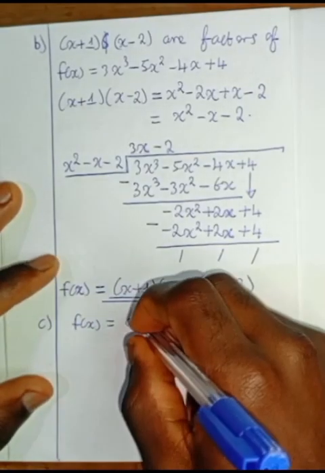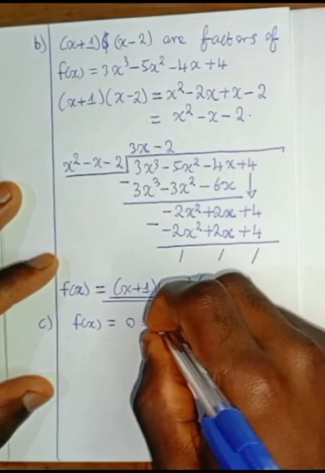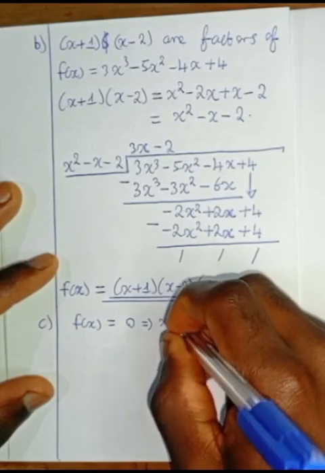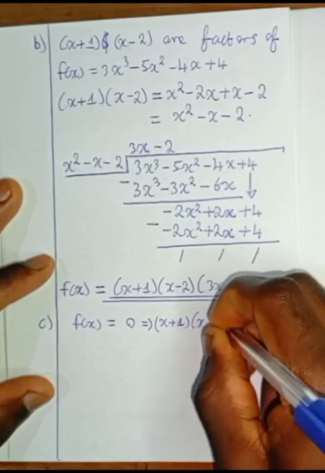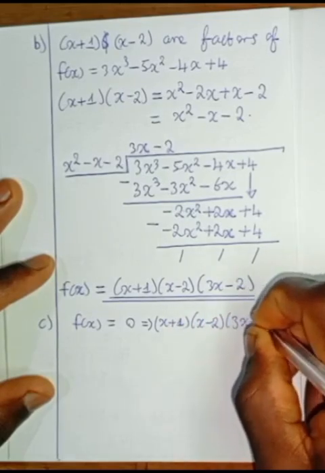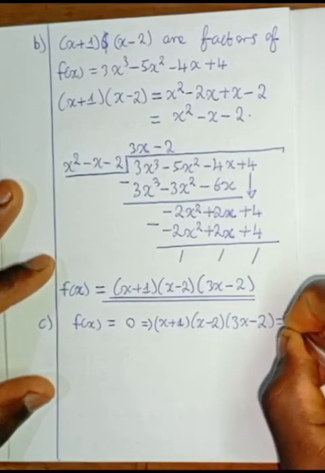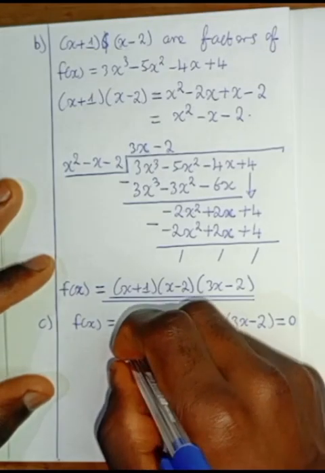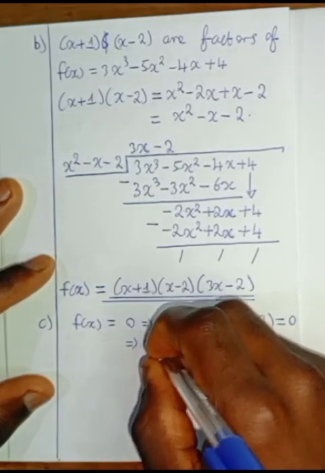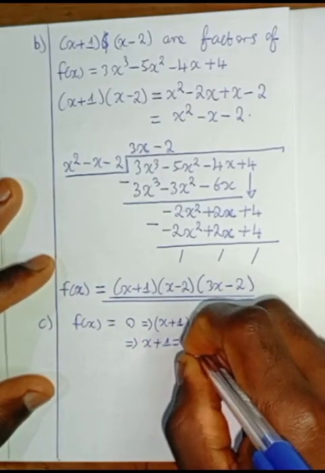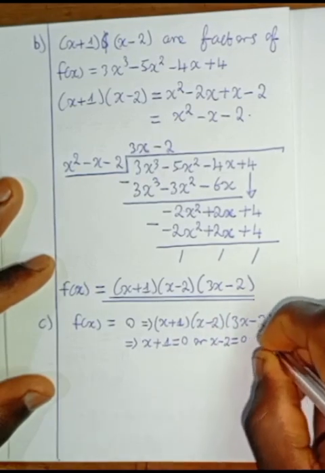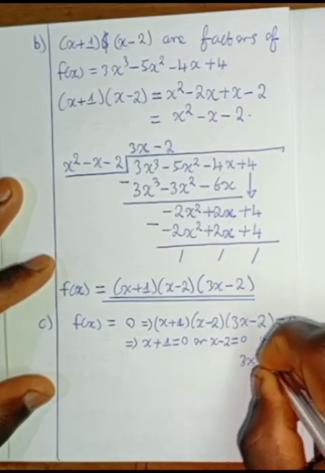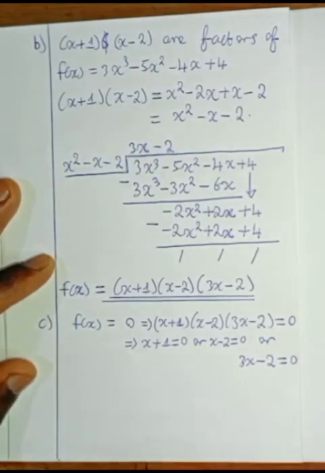f of x equal to 0, then we are going to equate the factorization, x plus 1 times x minus 2 times 3x minus 2, to be equal to 0. It therefore means either x plus 1 is equal to 0 or x minus 2 is equal to 0 or 3x minus 2 is equal to 0.